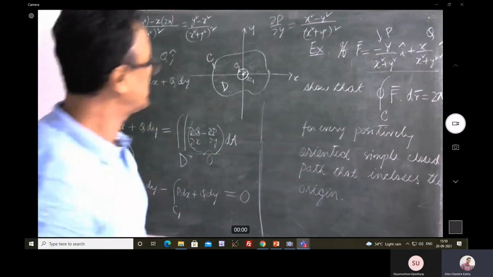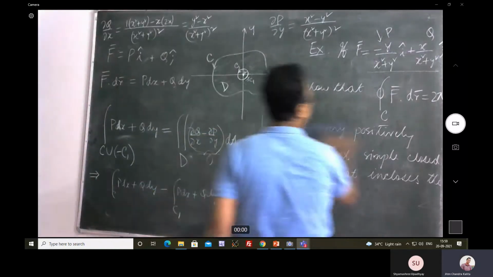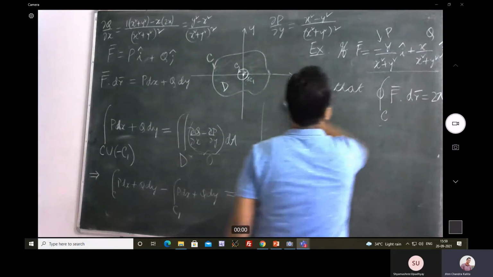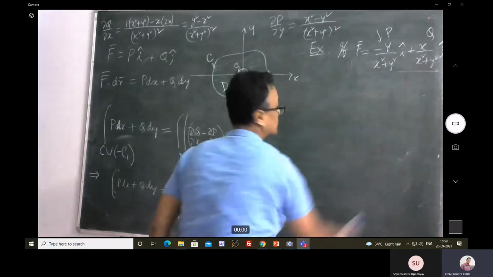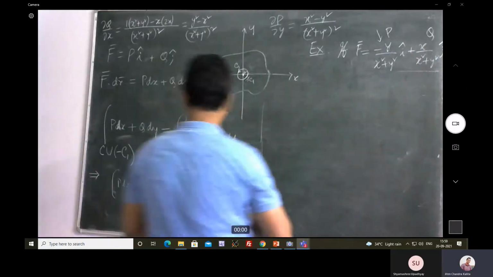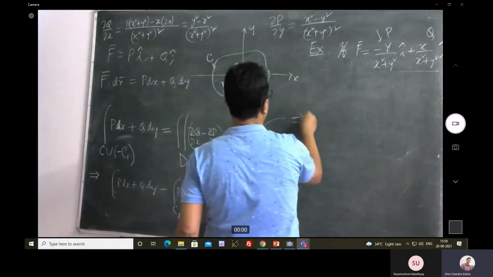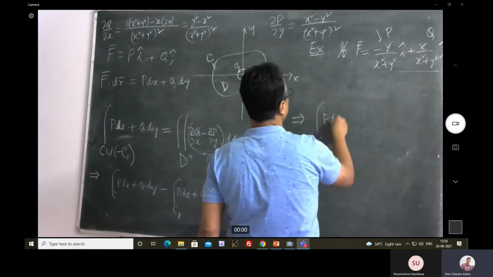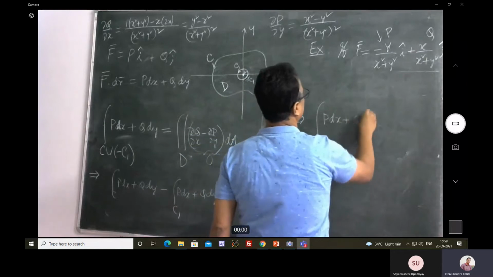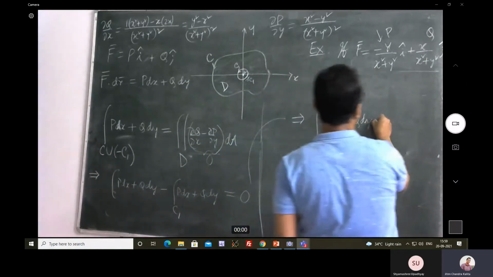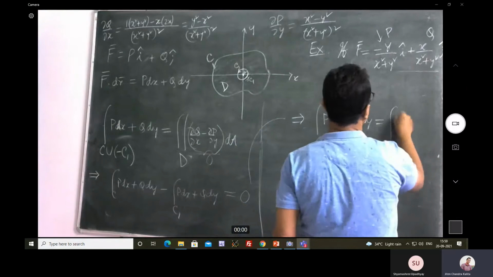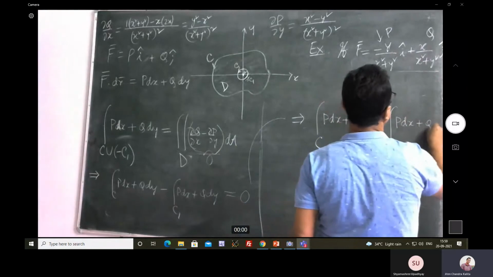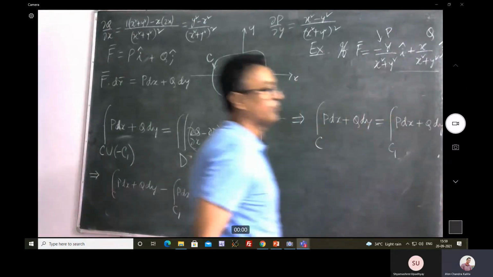That means the required integral over C is simply equal to the integral over C1 of P dx plus Q dy.